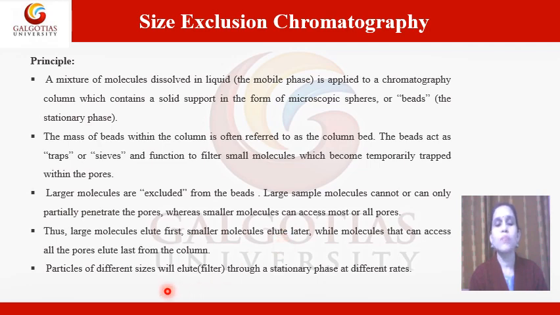These particles of different size will elute through the stationary phase at different rates. It is one type of filtration technique. In size exclusion chromatography, large molecules will elute faster and small molecules will elute later. In this method, we can separate large molecules and small molecules based upon their size.